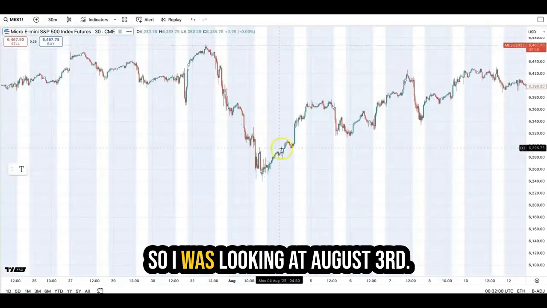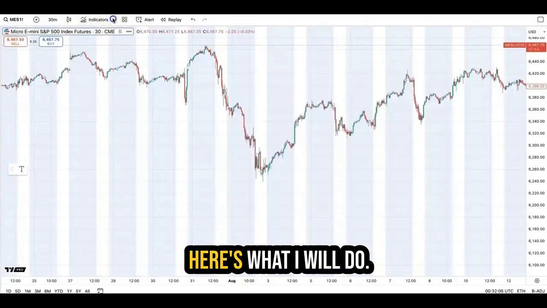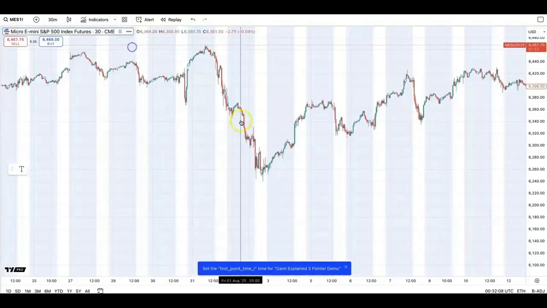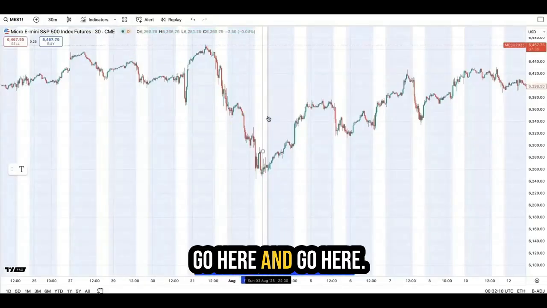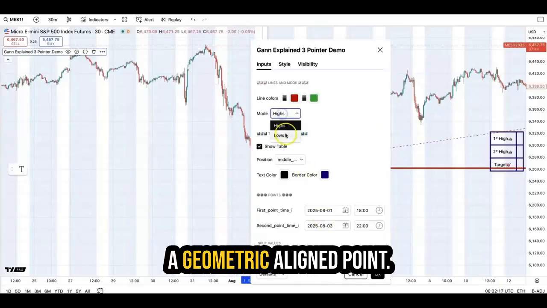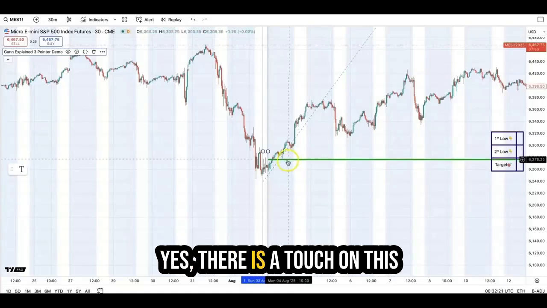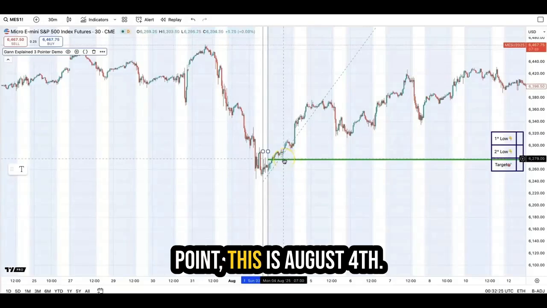Okay, so I was looking at August 3rd. Here's what I will do. Go here and go here, and see if there's a geometrically aligned point. Yes, there is, it touches this point. This is August 4th.